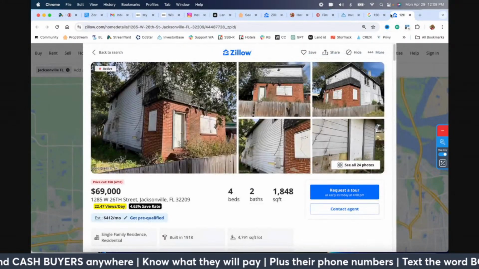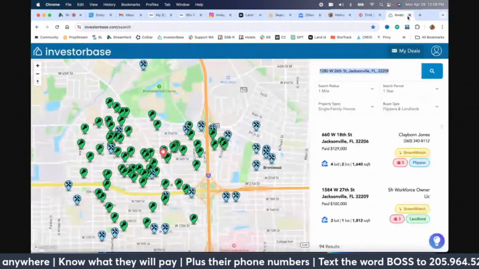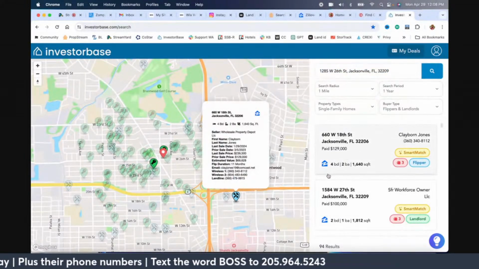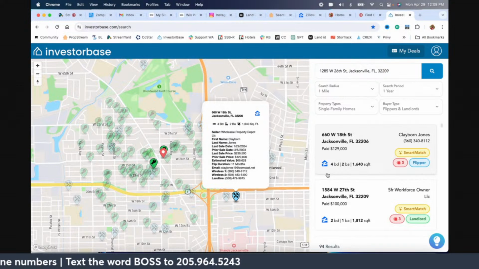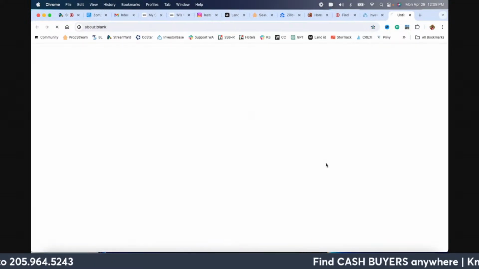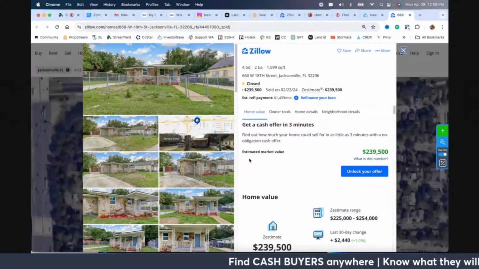So let's see what we got here. This one's 1,600 square feet. They paid 129 and sold it for 239.